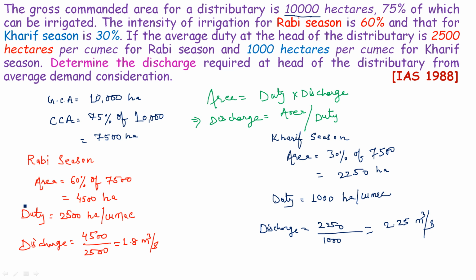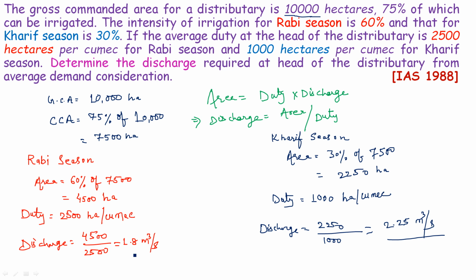So now we need to design the canal as per Kharif season, because the water requirement is higher in Kharif season. So we can say the discharge required at the head is 2.25 meter cube per second. Why? Because if we design the canal for this discharge, it will irrigate for Kharif season as well as for Rabi season.